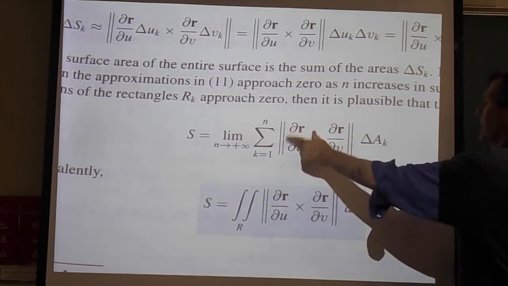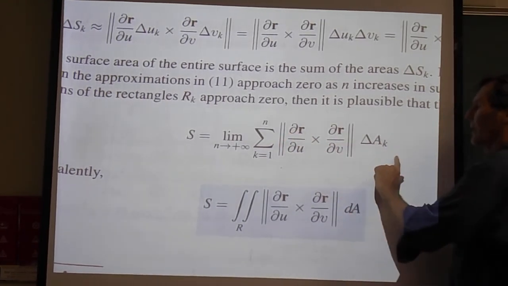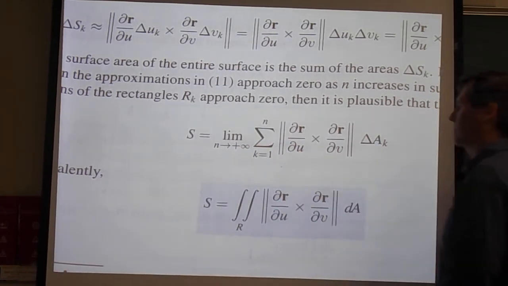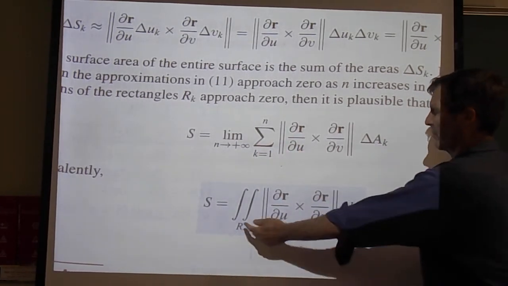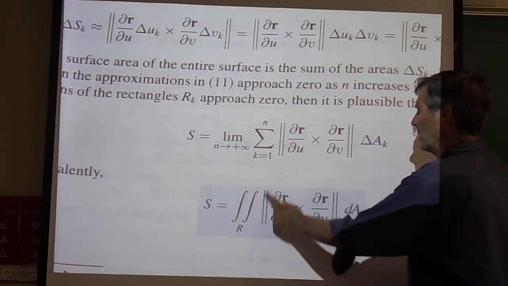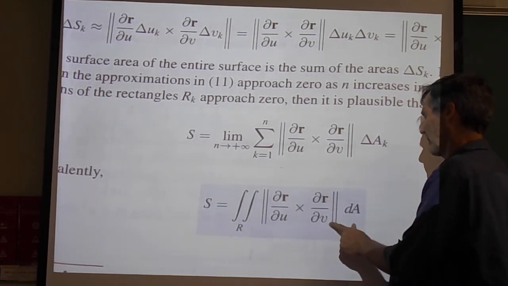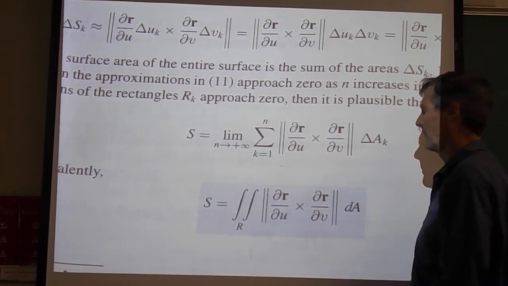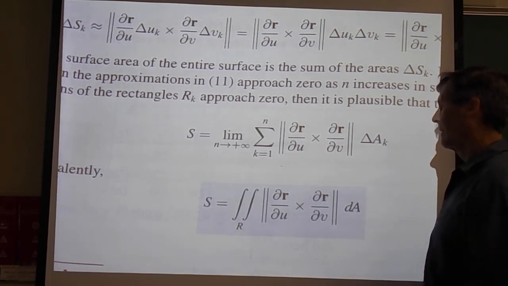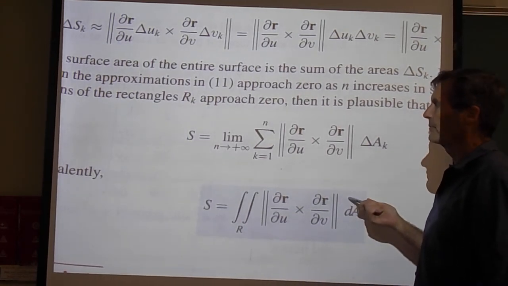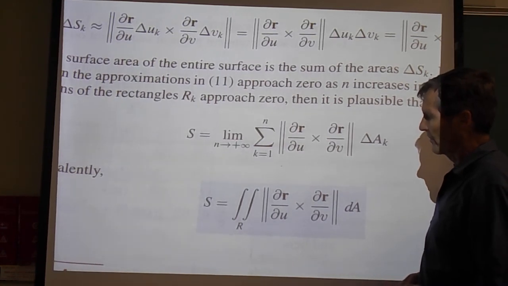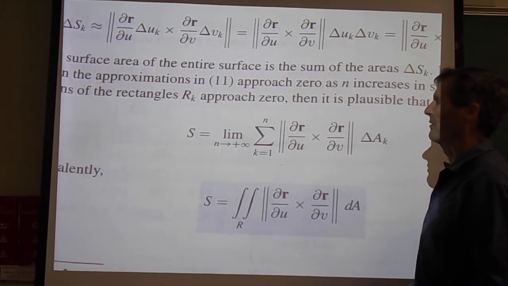This was the length of the cross product of the two vectors. You just have to take the limit of the sum of those as the number of pieces goes to infinity. It can also be written as the double integral over R of the length of dr du cross dr dv dA, by the definition of the double integral. So this is an alternate formula for calculating the surface area when a surface is given parametrically.